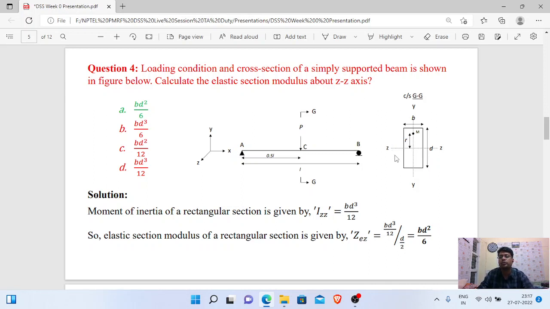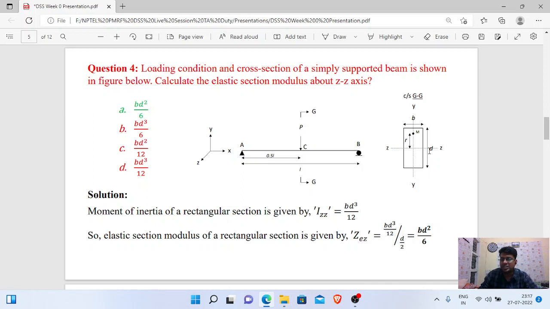So in order to find elastic section modulus about ZZ axis, we have to find out the moment of inertia of this rectangular section about ZZ axis. So about ZZ axis we know that for a rectangular section its moment of inertia will be BD cube by 12. So elastic section modulus of a rectangular section is given by Zez is equal to Izz upon D by 2.